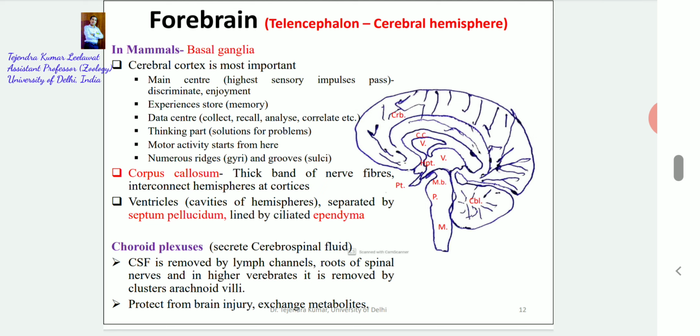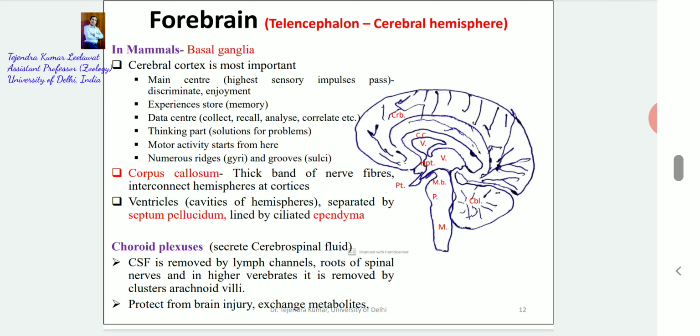Next one is V for ventricles. There are two V's I mentioned here, the ventricle region. And one is HPT, just near the V. This HPT is hypothalamus. And after HPT, you can see PT. PT means pituitary.